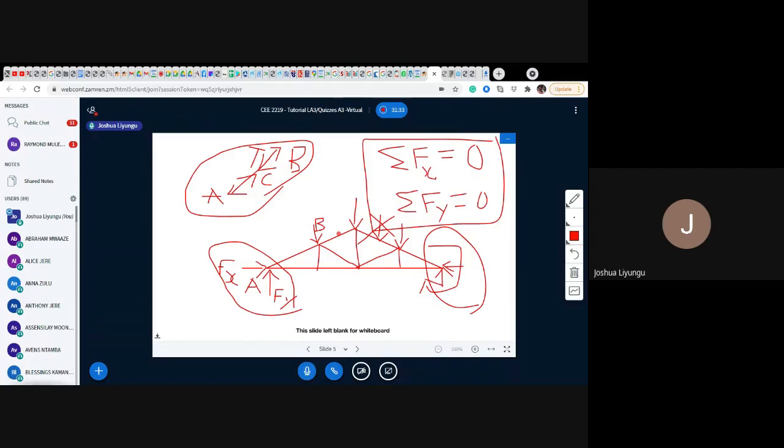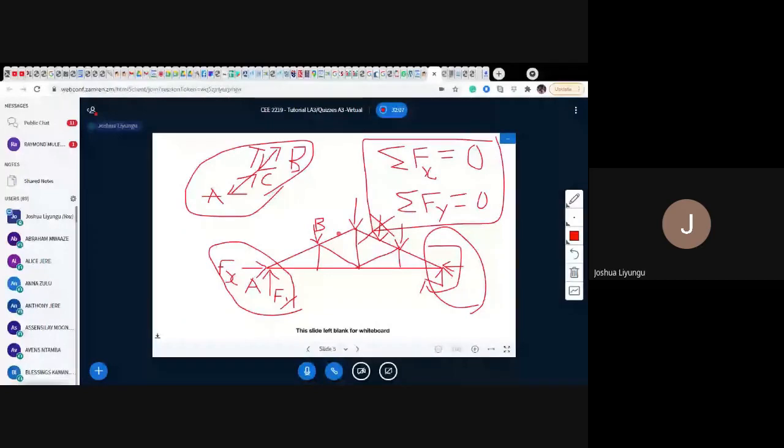Then lastly, I also mentioned a zero force member. What is a zero force member? Can you remember about that? A zero force member is normally used for the purpose of stability, to make the truss have stability, more especially during construction and sometimes when the load system changes.